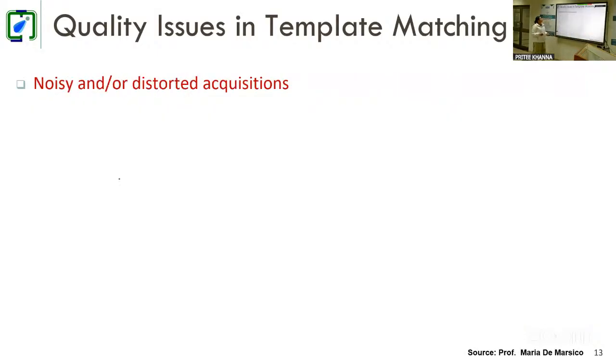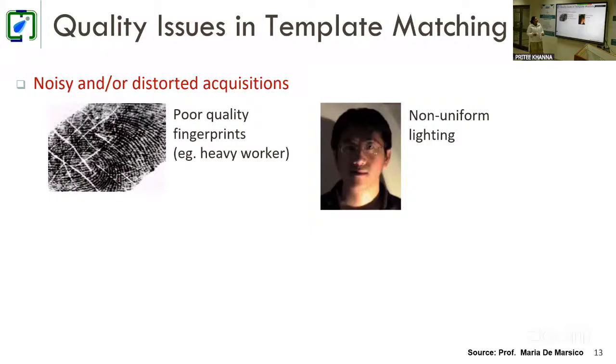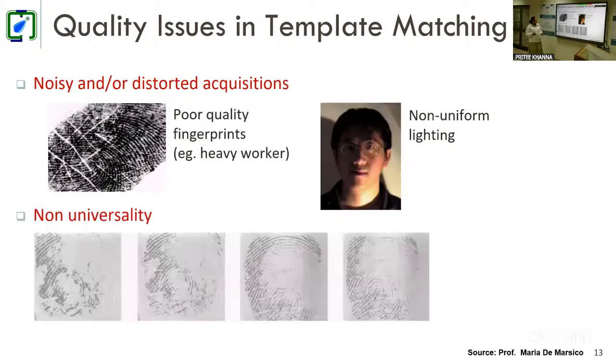After that, noisy or distorted data, like poor quality, makes it difficult to find out the effect. Then non-uniform lighting is another example. After that, non-universality, where some lines are missing, and then hidden features.